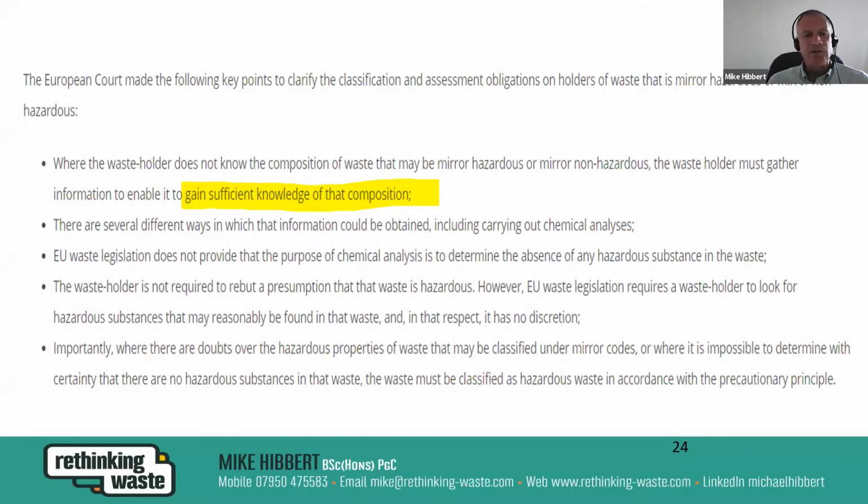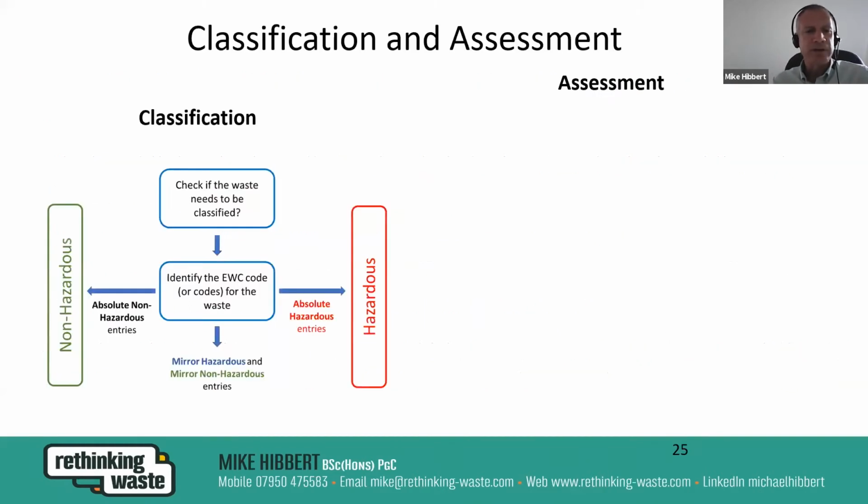So you can't just make a guess. You ought to be doing work to find out what's in there. Likewise, we shouldn't be just classifying material as hazardous on a precautionary basis just to make sure that we're covered by the legislation, because again, consigning non-hazardous waste as hazardous is actually committing an offence. So we need to find out what the details are.